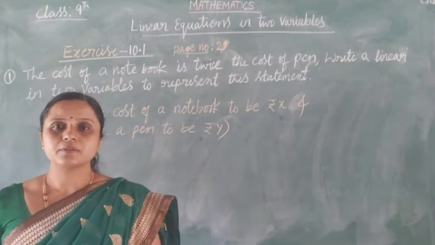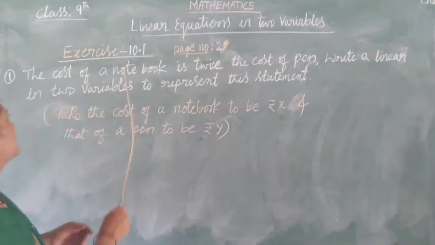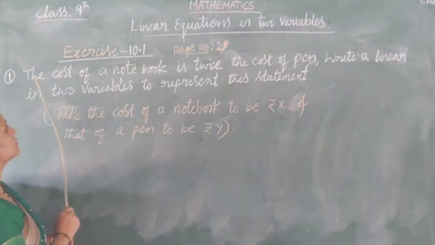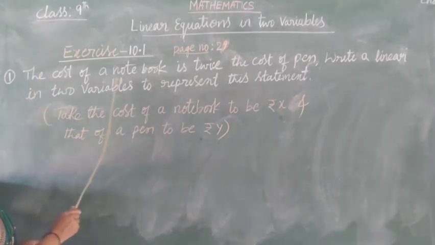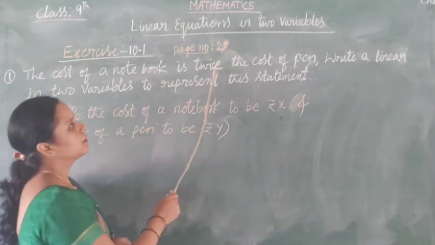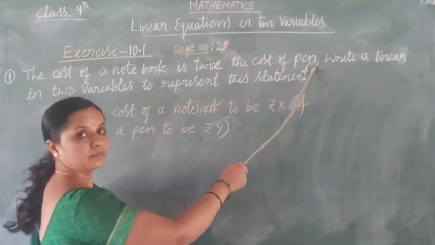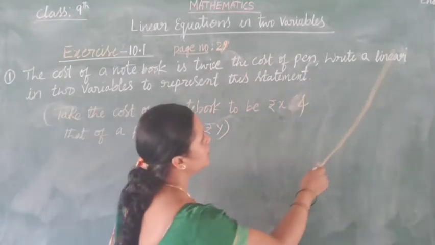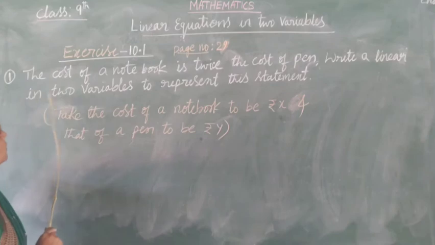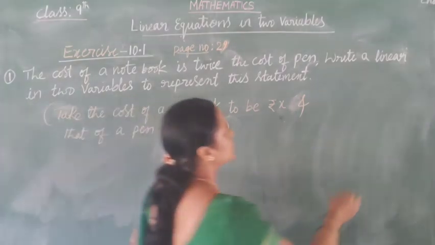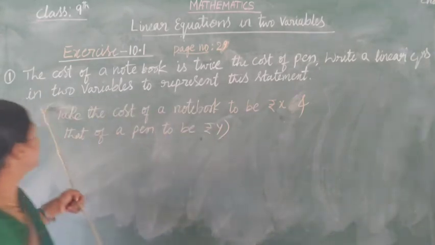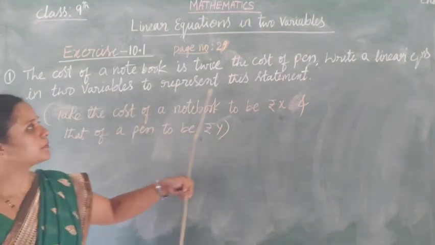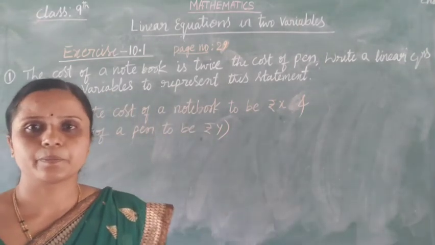Students, next we are going to the second question of exercise 10.1. See this one. The cost of a notebook is twice the cost of a pen. Write a linear equation in two variables to represent this statement.